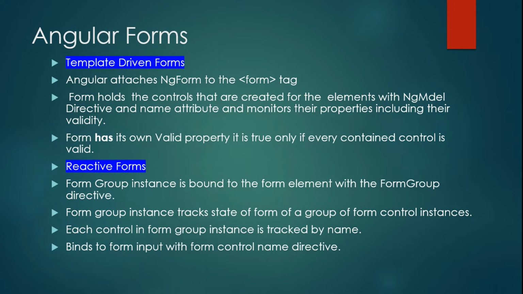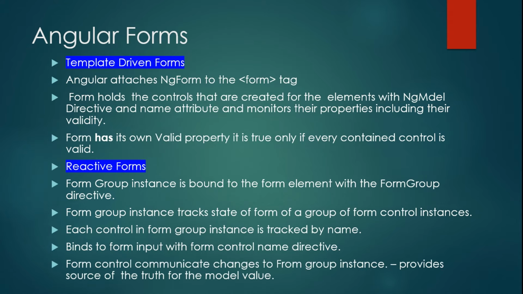We define a FormControl instance in the FormGroup model, and that FormControl instance is bound to the form input by the formControlName directive. So the FormControl communicates changes to the group instance and provides the source of truth for the model.